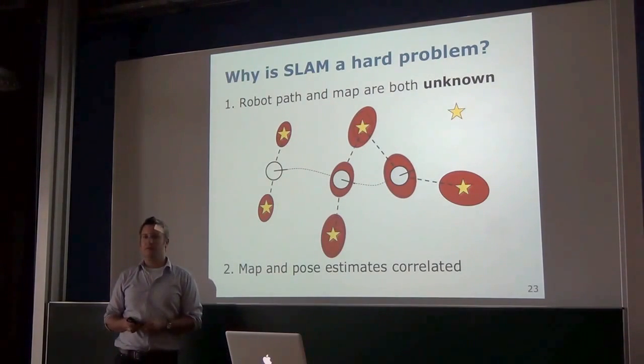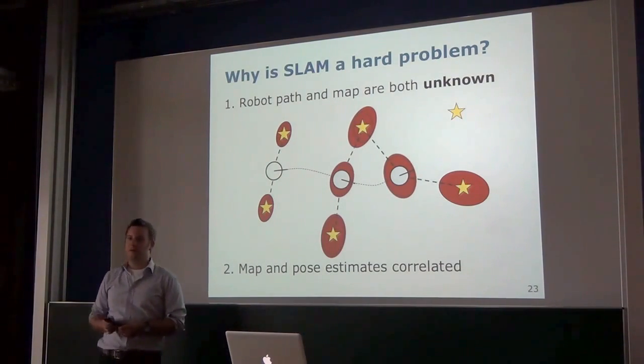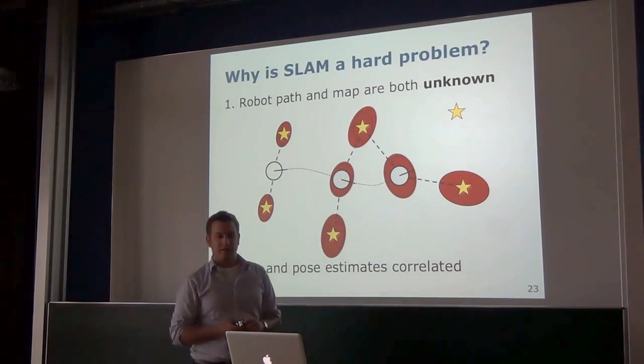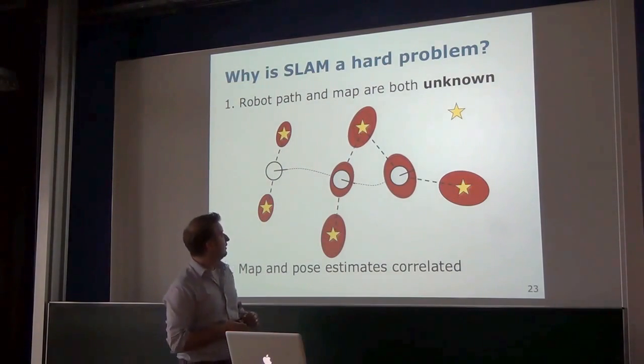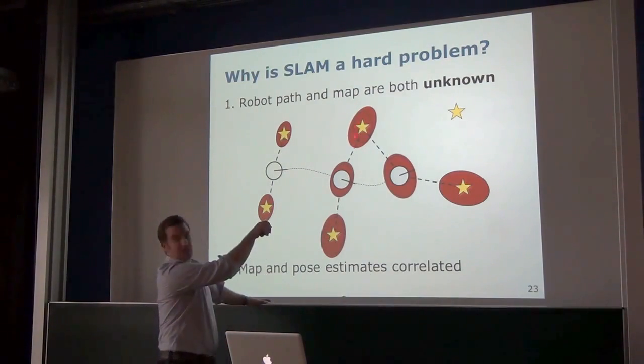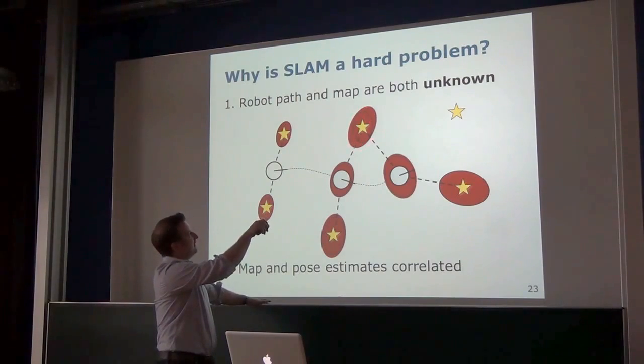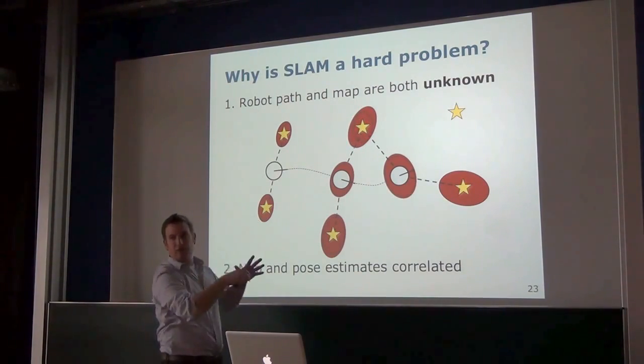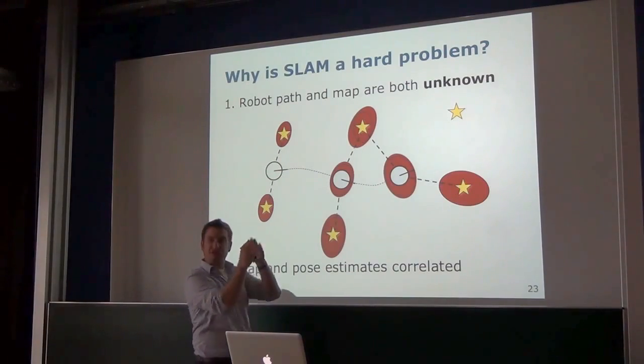Any other questions? There are two ellipses on each landmark. So this one was the uncertainty before, and this is the uncertainty after reobserving it. So it gets smaller. And also the shape changes a little bit.